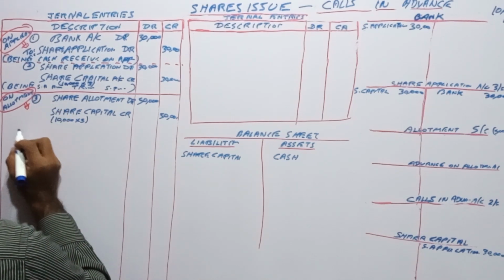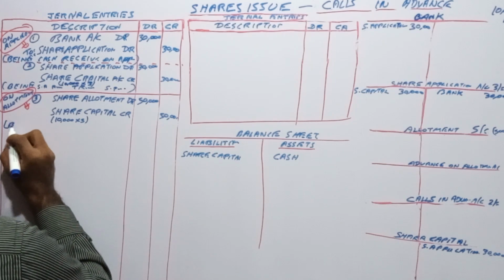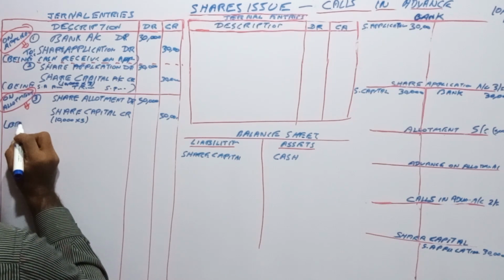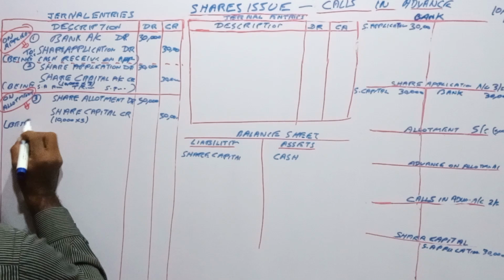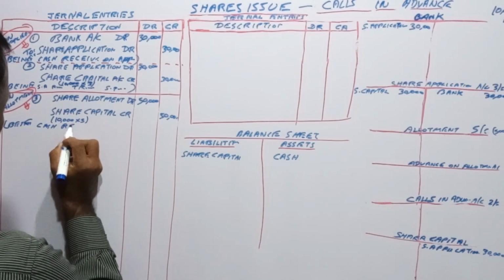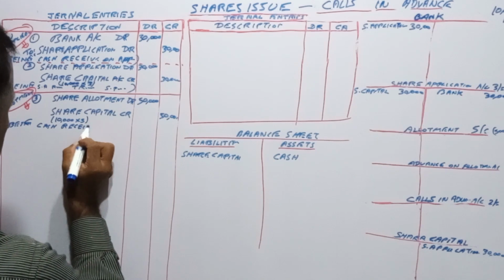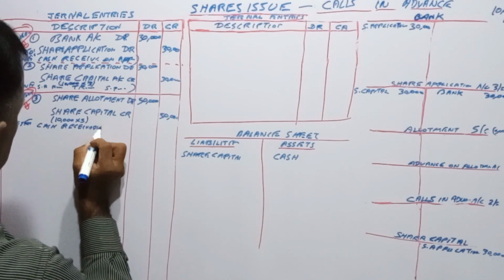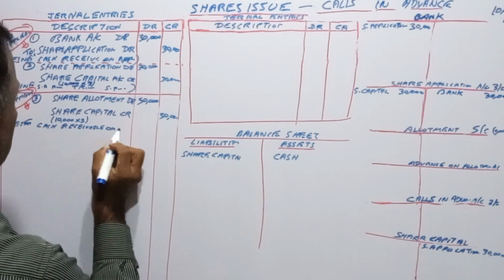Number 4, being cash received on allotment.